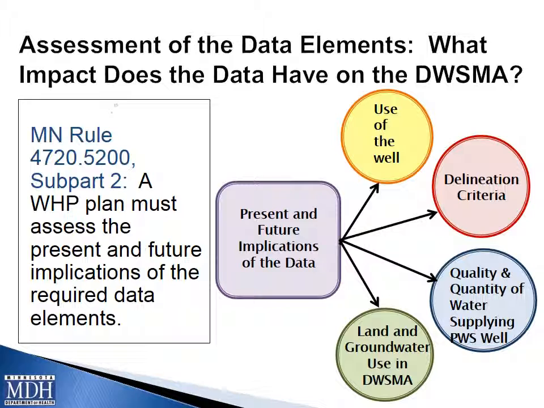Most of the discussion in the Part 2 plan may center around land and groundwater use in the DWSMA, since much of the impacts of the other components have been discussed in the delineation and vulnerability assessment, and also land and groundwater use is the most likely DWSMA management tool that's available to the PWS.